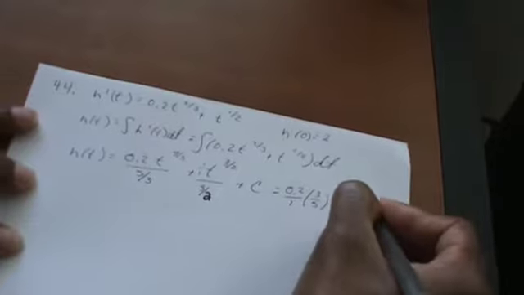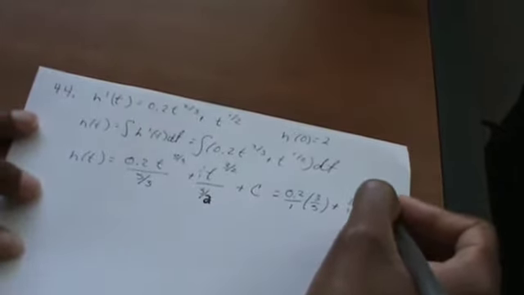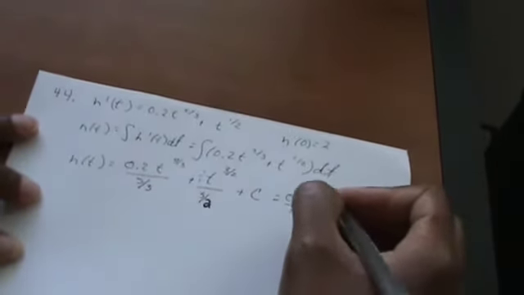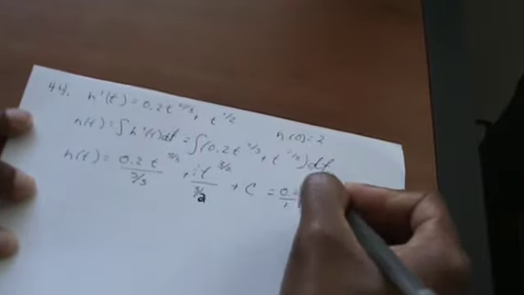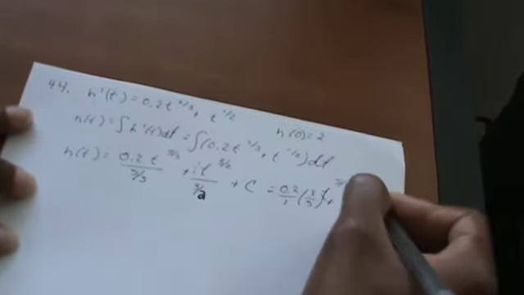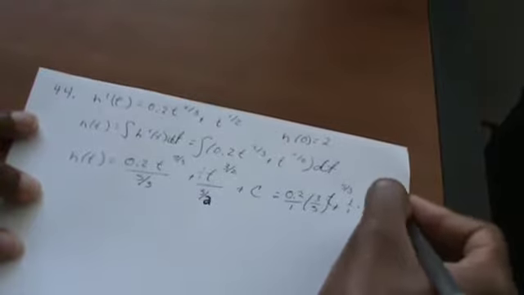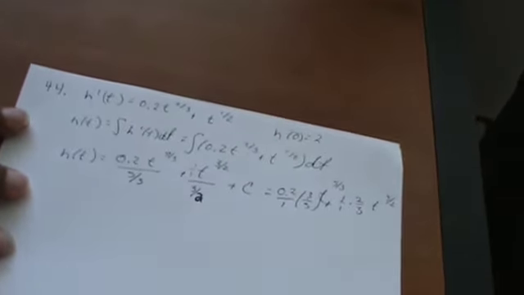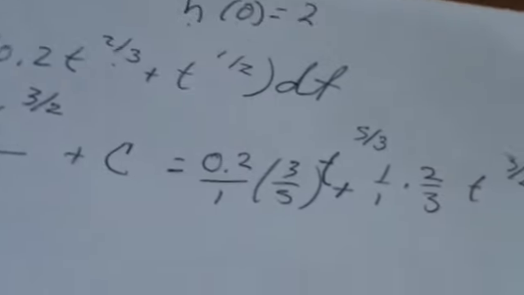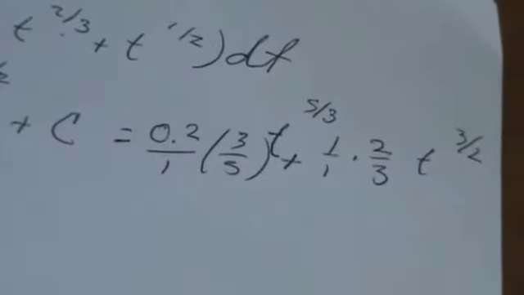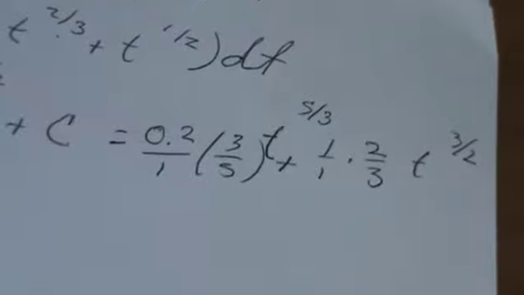Times 2 over 3, and I don't know why I'm leaving out the variables. This is t to the 5/3, and this would be t to the 3/2, like that. Okay, let me zoom in so that you can see what that looks like. Okay, so let's simplify that further.